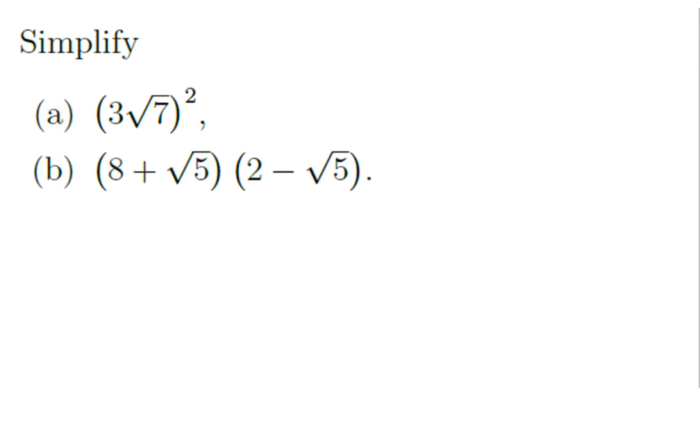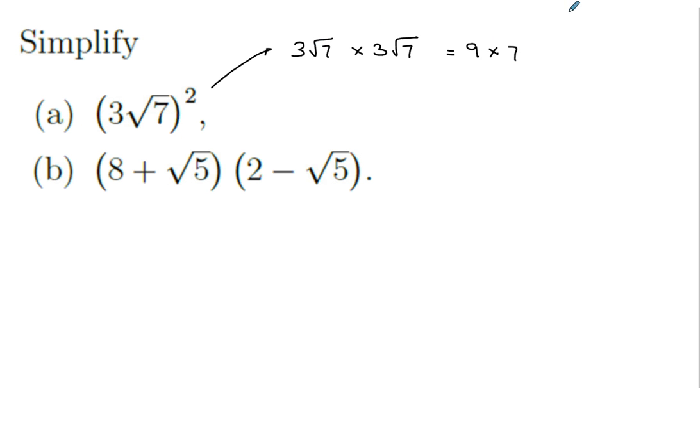Okay, let's go for it. That is 3 surd 7 squared, so it's quite a simple one. You're doing 3 times surd 7 times 3 times surd 7. So what is 3 times 3, which is 9? And then what is surd 7 times surd 7? It's 7.